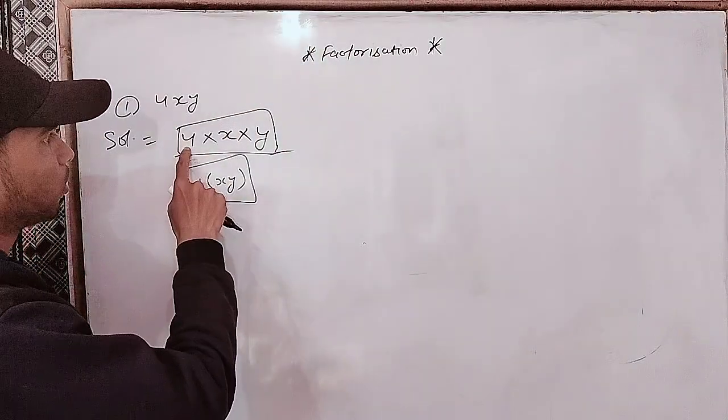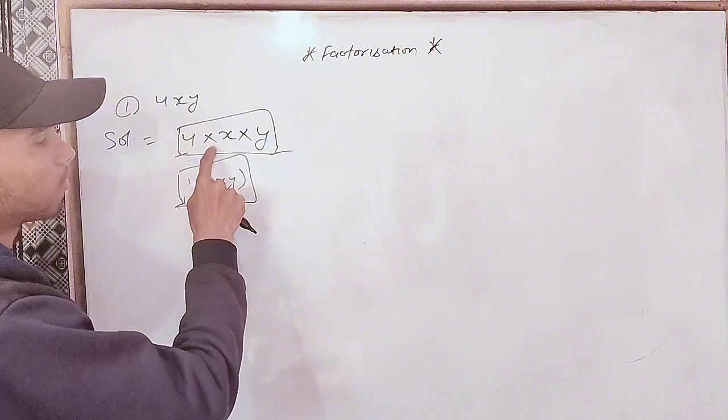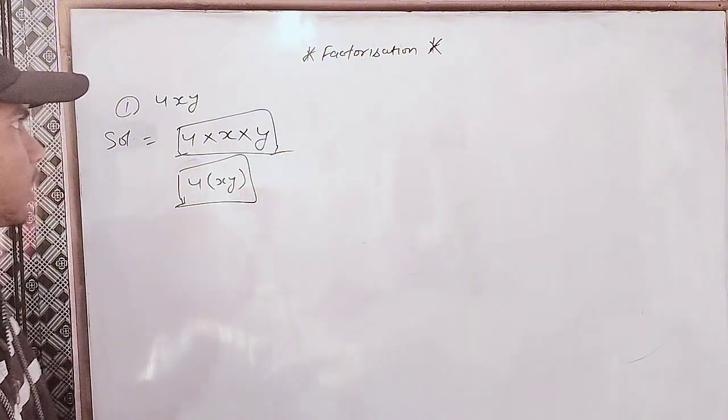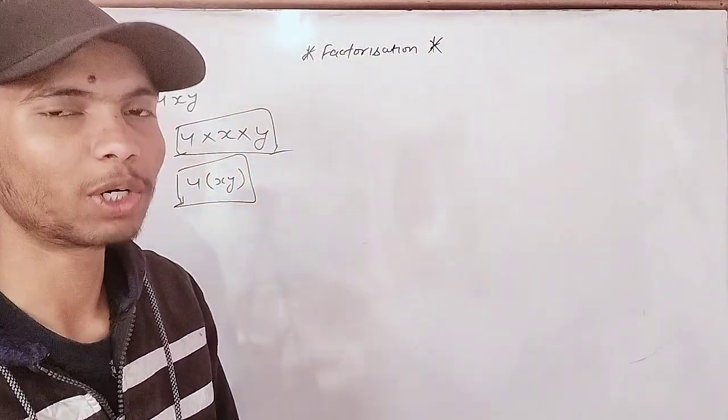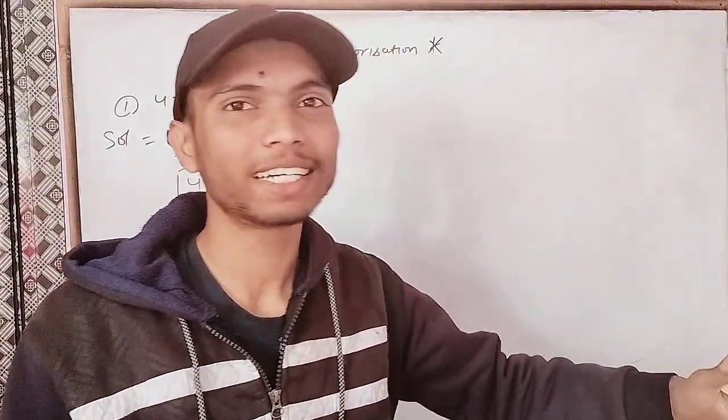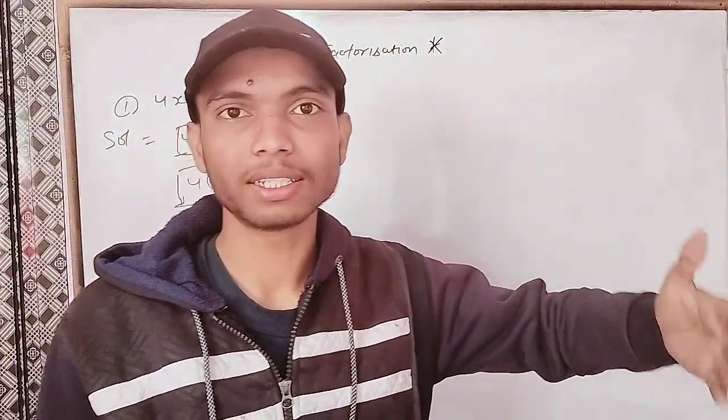So here 4, then multiplied by x, then multiplied by y, like that. What are we doing? We are not dividing. We are writing, but in separate form.